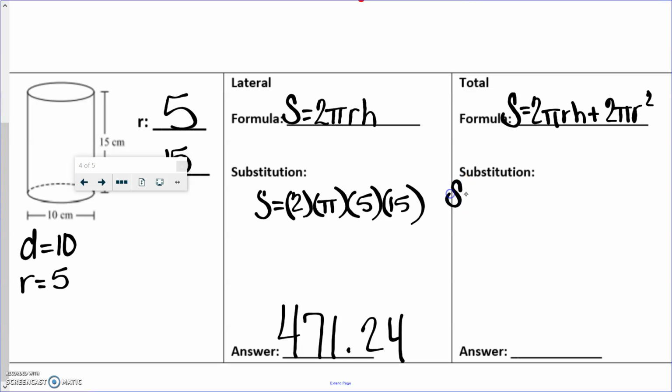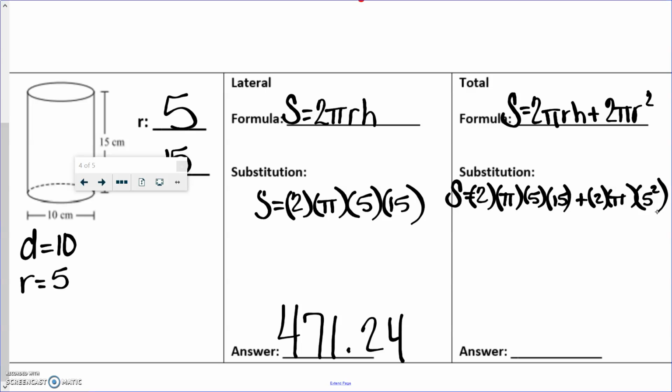So when we substitute in our numbers, you could literally substitute them all in. So you'll have 2 times pi times 5 times 15 plus 2 times pi times radius squared, which is 5 squared.